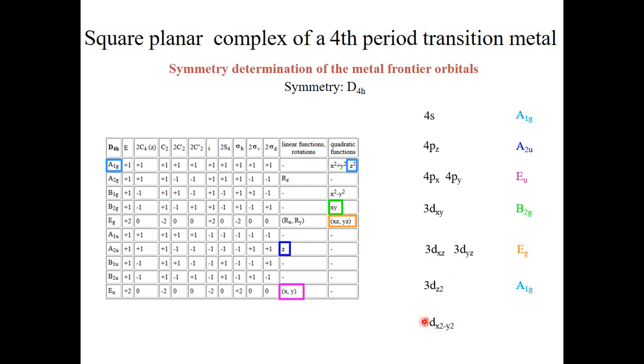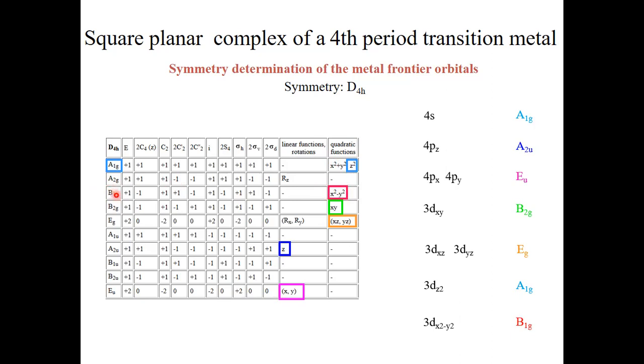And last but not least, we have the 3dx squared minus y squared. You see that this orbital is here. Sorry, no, this is x squared plus y squared. So this here is x squared minus y squared. So this is the correct line, which has the symmetry type B1g.